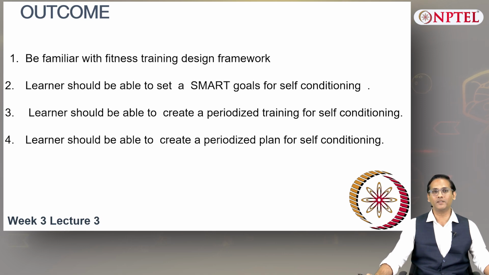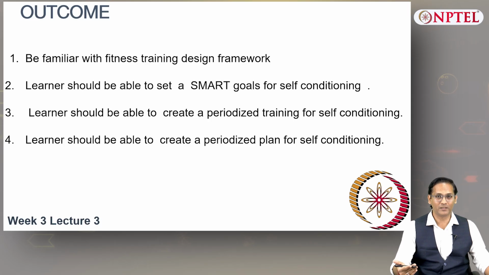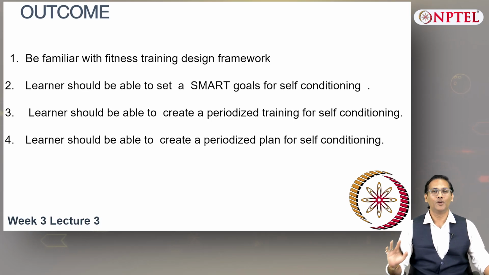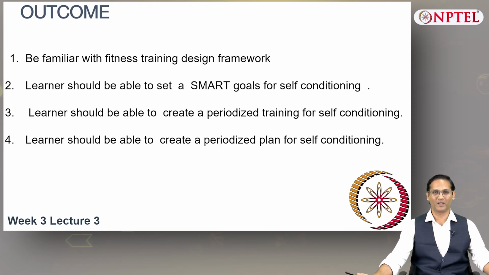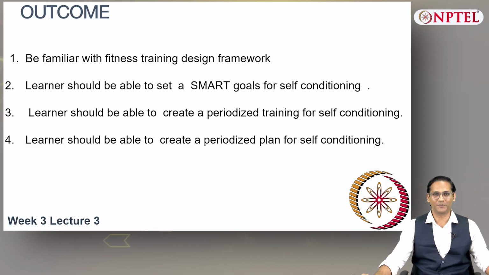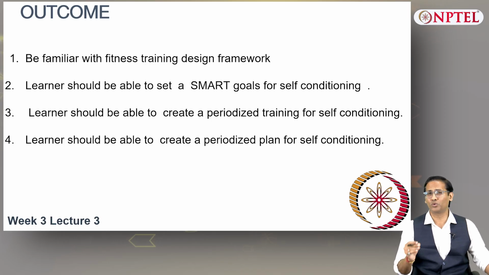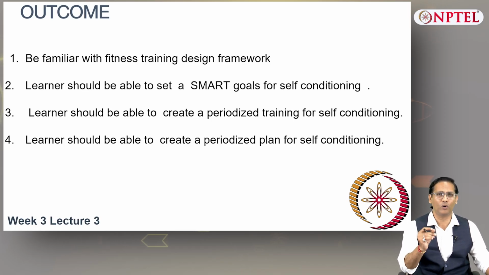The second outcome is, after watching two examples of setting the goal, you should be able to set the goal for yourself. And here we will specifically emphasize conditioning fitness variables. So you should be able to set a SMART goal to develop or improve your own conditioning.